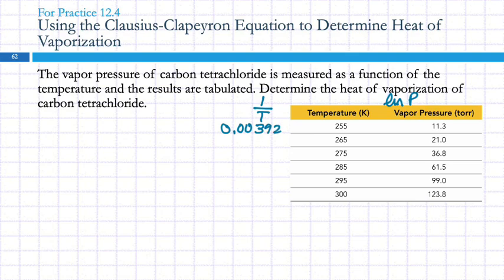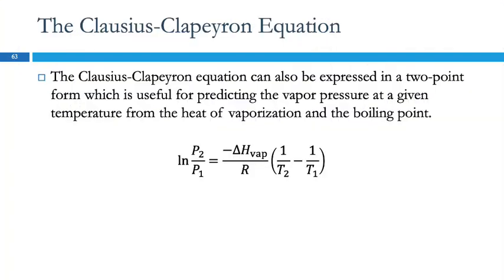And the natural log of 11.3 is 2.425. So you would calculate those values, put them into a graph in Excel, find the equation for the line. I thought I had it graphed out there, but I guess I didn't.